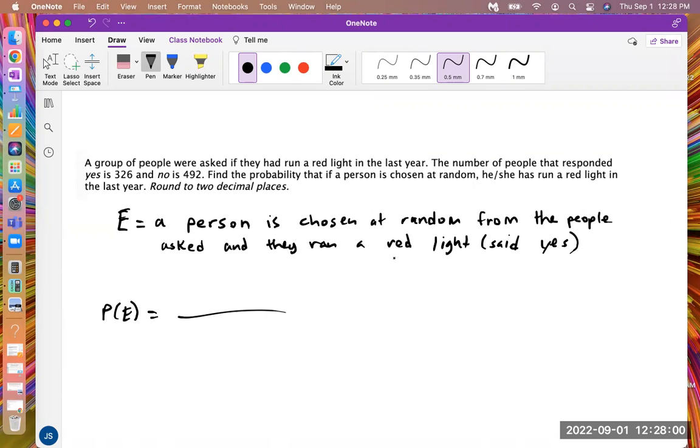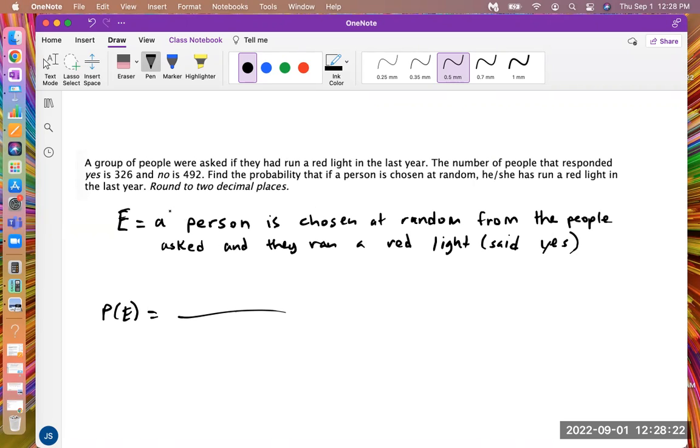Because, let's say the first person who said yes is Julie, and the second person is James, and the third person is Carla. All of those people, if I choose Julie, then that will make me happy. I'll get my desired result, because I picked a person who happened to run a red light.